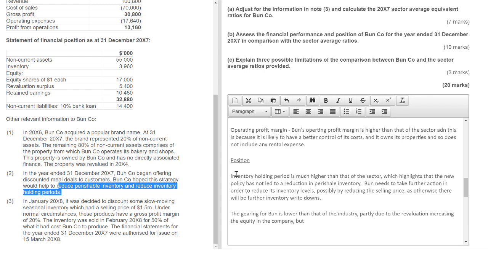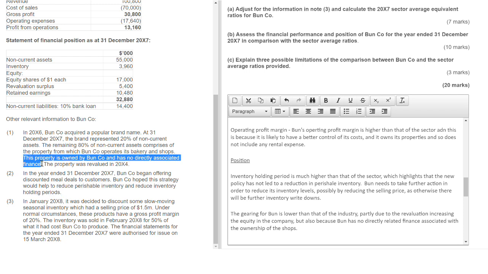Now you've got higher equity, the level of debt to equity is therefore lower, but also because Bun has no directly related finance associated with the ownership of the shops. It mentions that there, doesn't it?